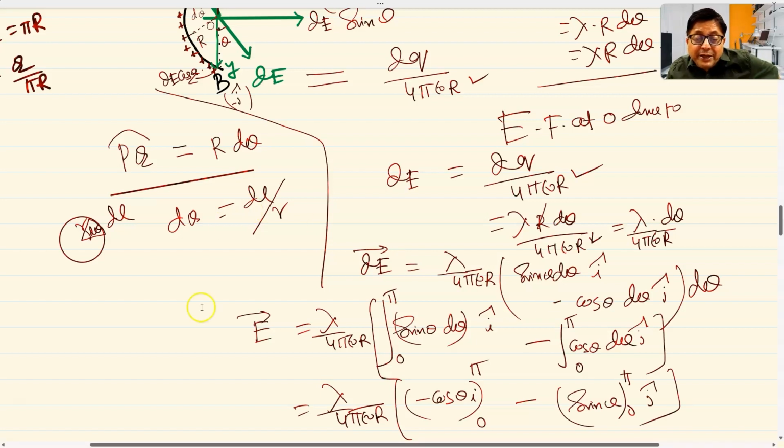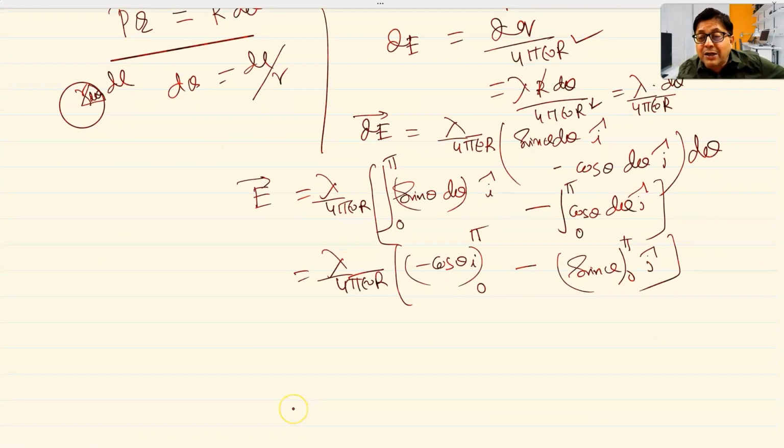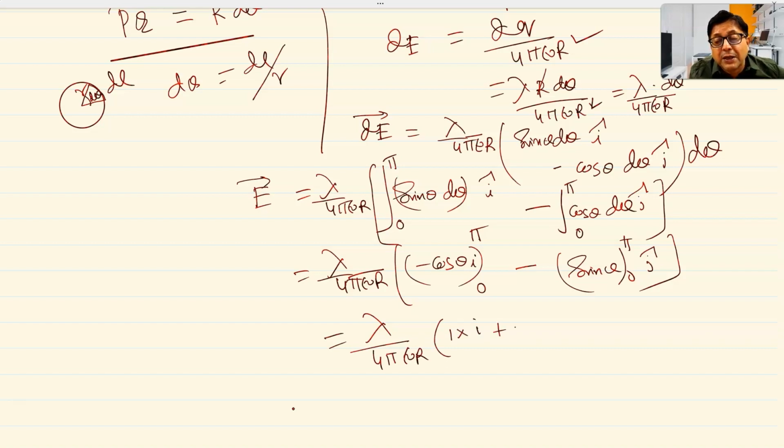One very interesting thing to note is that this sin theta component gets cancelled when you put upper to lower limit. So this is lambda by 4 pi epsilon 0 r, minus cos pi, that is 1, into i plus 1 into j, and this is going to be 0. Okay. So E equals, sorry, one mistake is done here.